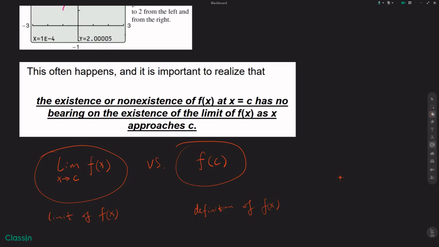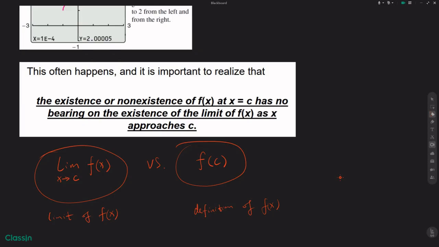So these are two different things. And this is where most of our students are going to get confused, especially in AP exams. There will easily be multiple choice questions testing you to see if you can be confused by the definition of the function, and you might mistake it as the limit of the function and vice versa.